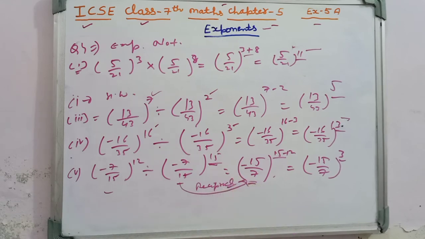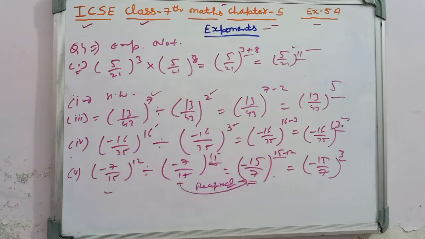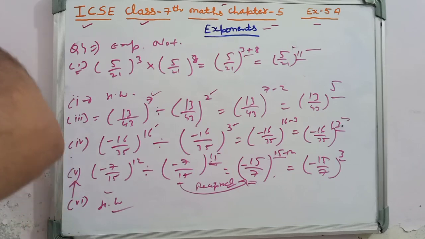Minus will be done as it is, from bigger to smaller. No need to put minus in the powers. Sixth is your homework. It is just like this. Fifth, you can do yourself.